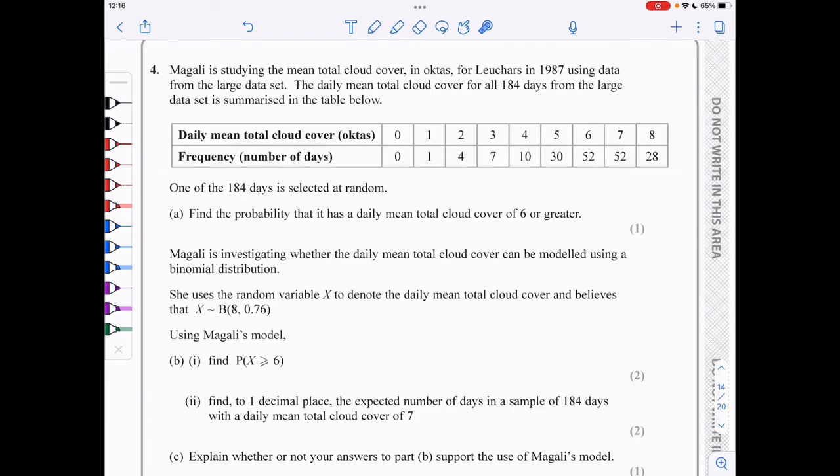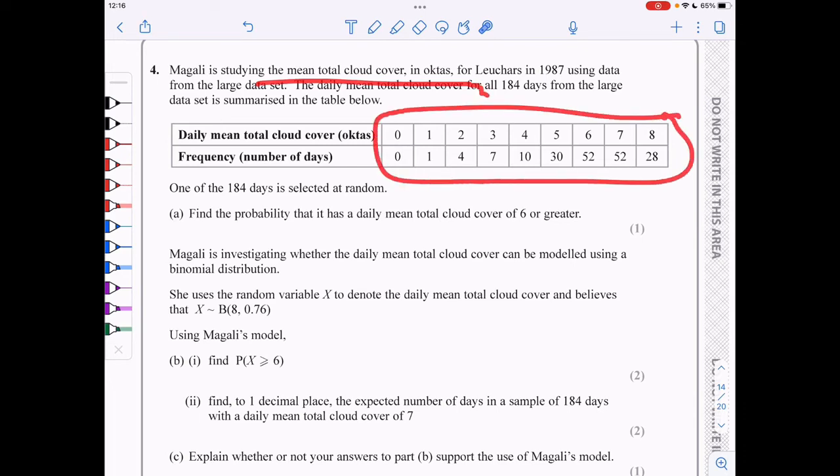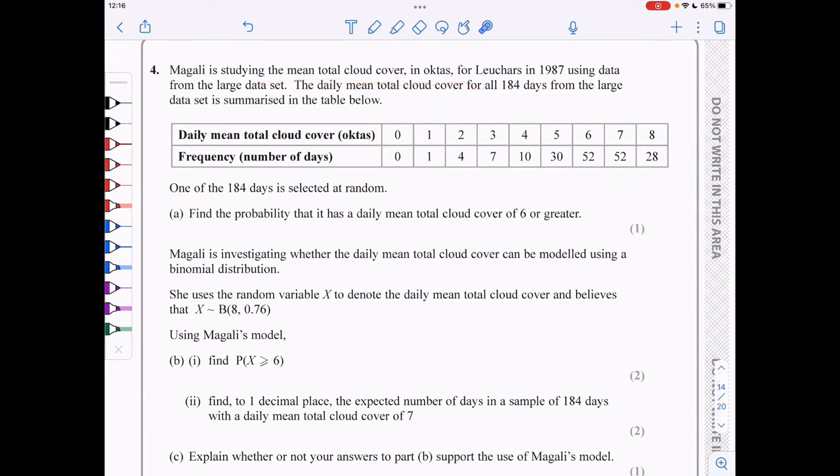In question 4, Magali is studying the mean total cloud cover in octas for Luchers. This is the data obtained for the 184 days from the large data set. We select a day at random, and what's the probability that it has a daily mean total cloud cover of 6 or greater?